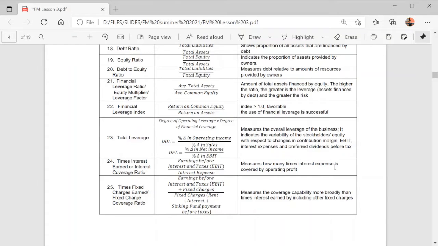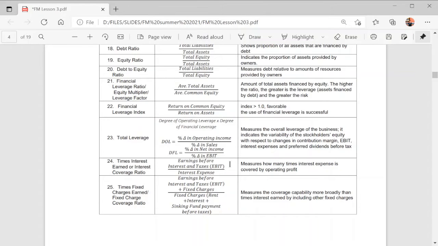It tells you how many times interest is covered by the profit. Because interest is usually fixed, it is regular. Whether you have income or not, interest will still be incurred, right? So since it is a steady deduction, our operating profit or EBIT should be able to cover the interest.